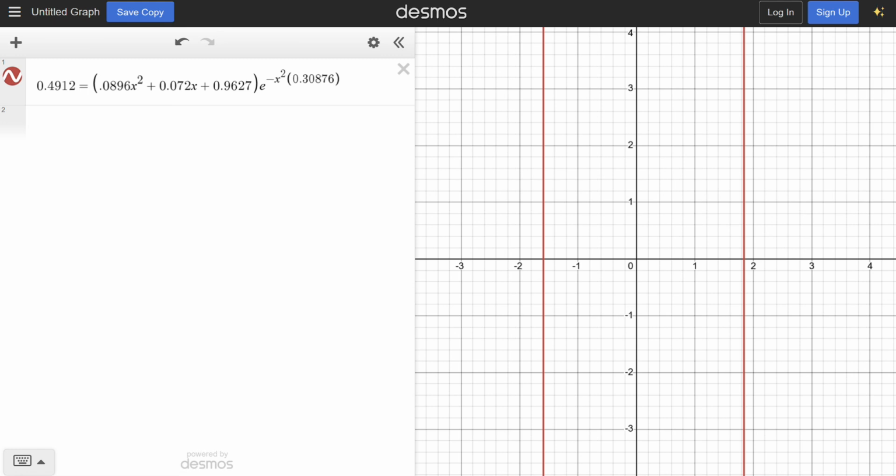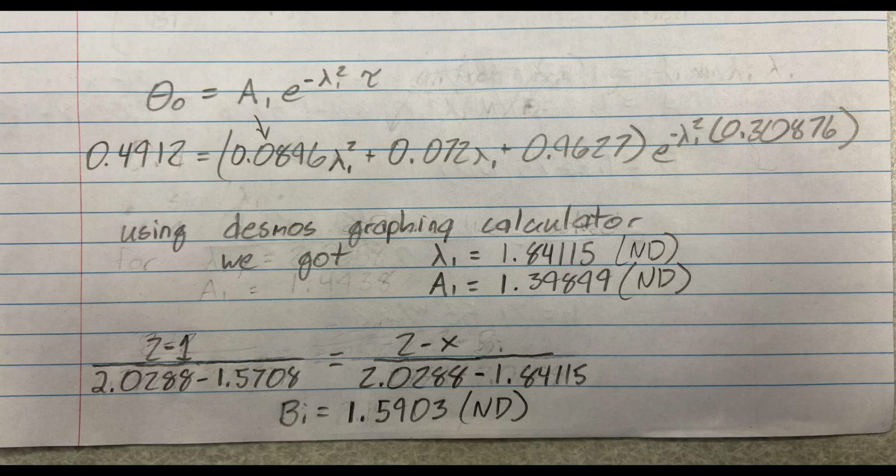We then plugged this equation into Desmos graphing calculator, went to where the line passed the y-axis, and that was our answer for lambda 1. We then were able to plug lambda 1 back into the equation to get A1. We then took lambda 1 and A1 and used the equation seen on the bottom relating the Bi number to lambda 1 and A1.